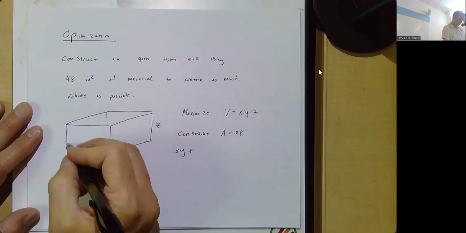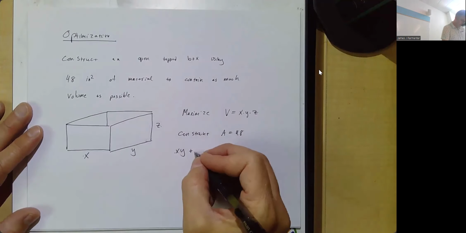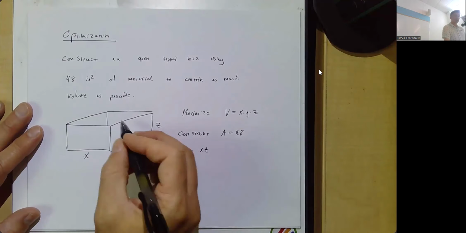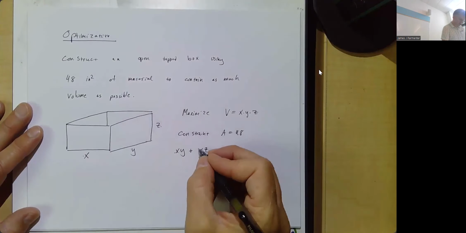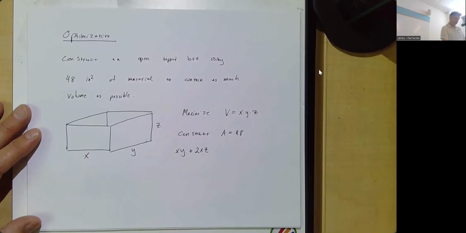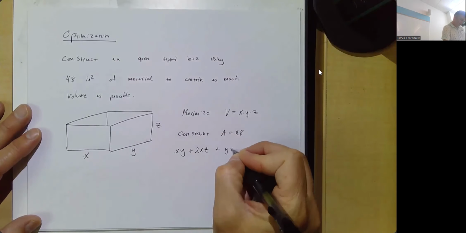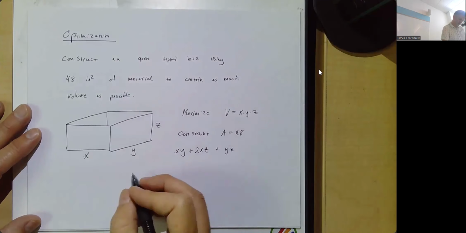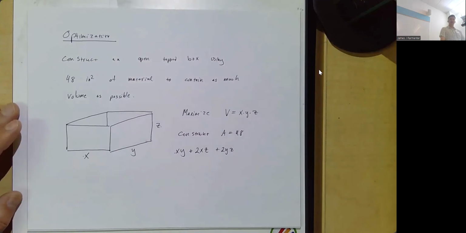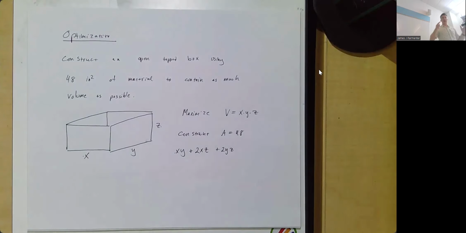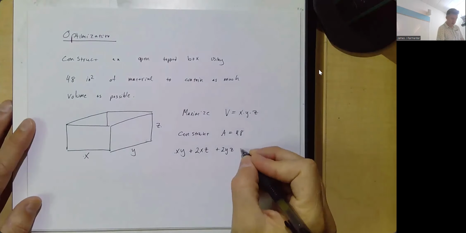The front face would be x times z, and the back face would also be x times z, so I really have 2 times x times z. The right face would be y times z, and the left face would also be y times z, so I have 2 times y times z. I have 5 sides altogether: the bottom, the front, the back, the left, and the right, but not the top. So that should equal 48.